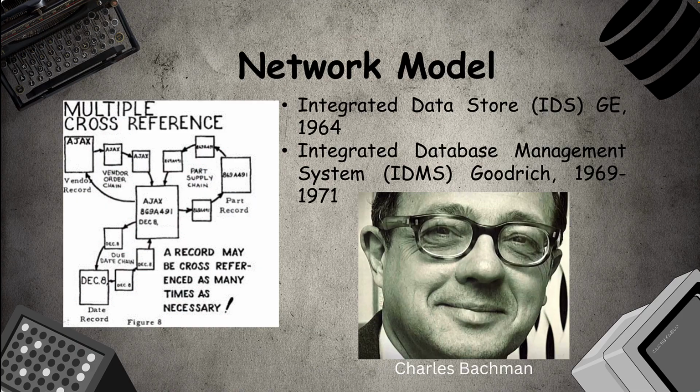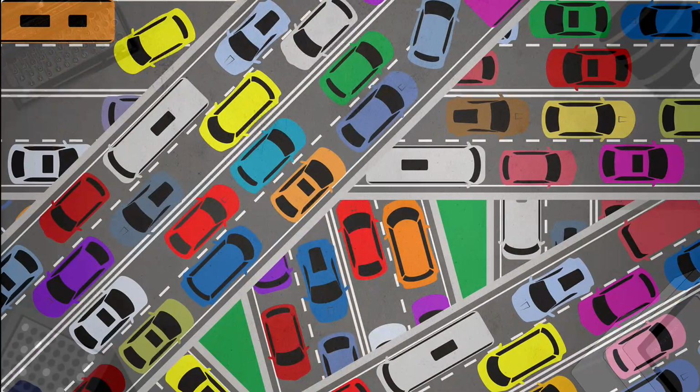But there were not many rules in place, so making relationships was kind of a free-for-all. Retrieving data meant navigating through a maze, and you really had to know the twists and turns by heart. A programmer who could traverse one database network might be completely lost in another.